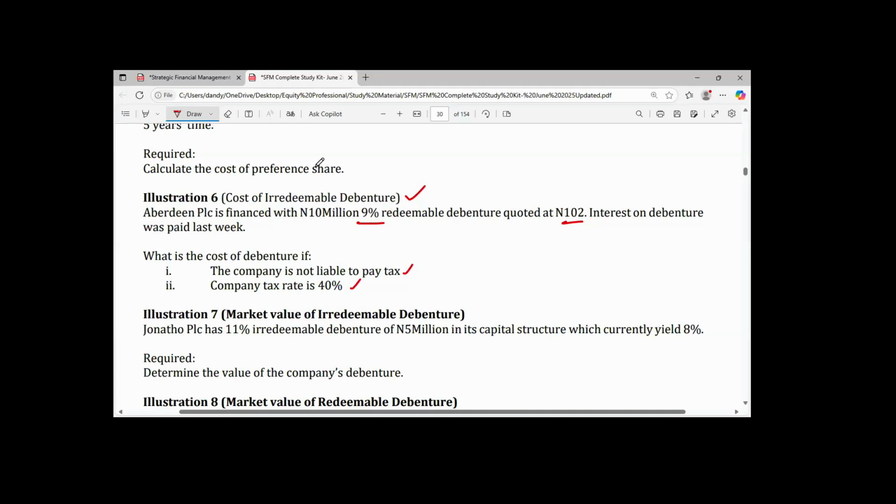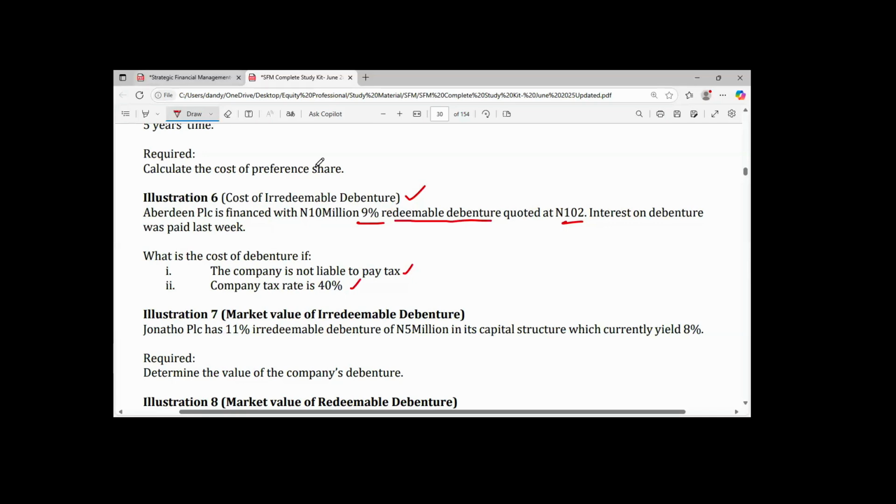When you look at this question, you will see that the examiner mentioned 9% redeemable debenture. For a debenture or a debt to be redeemable, a redemption date is given.